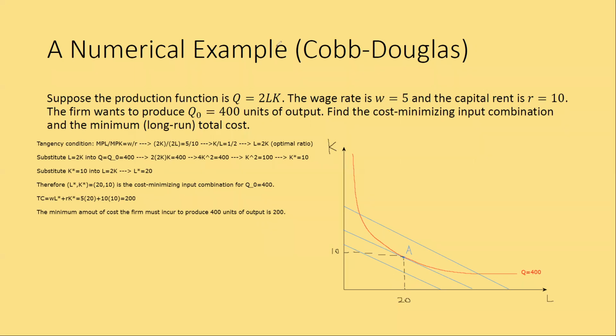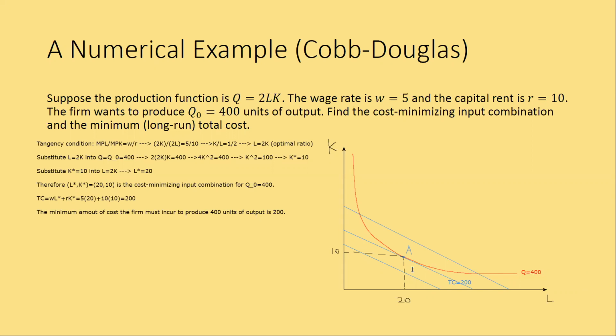And we can also find that at point A, the firm incurs $200 as a total cost. So this total cost line in the middle is actually TC equals 200. The other two are sort of drawn randomly.